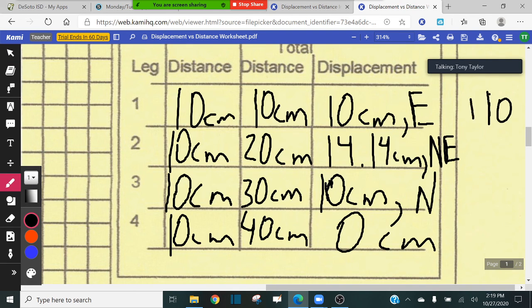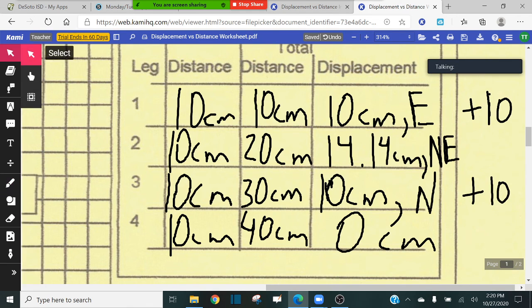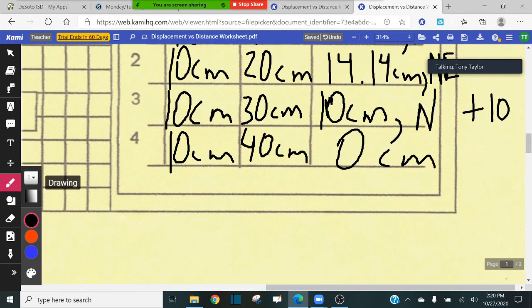So positive displacement. Same thing if something has a displacement that says 10 centimeters toward the north. That is also a positive displacement. But guys, what if you see something that says 10 centimeters toward the west? What type of displacement is that? A negative displacement. So y'all got it?